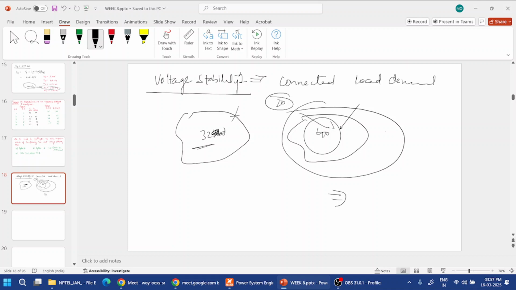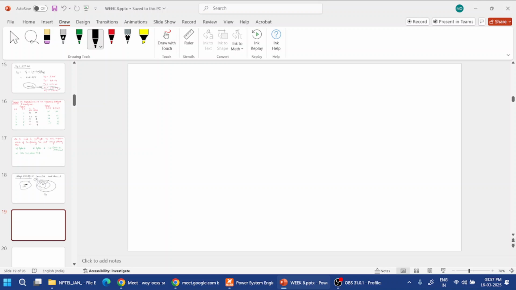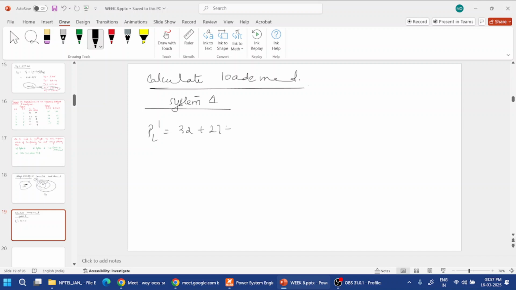It clearly shows that. So what we will do here, first we will calculate the load demand. So first, system 1, PL1, it is 32, 27 plus 21 plus 16 plus 13.